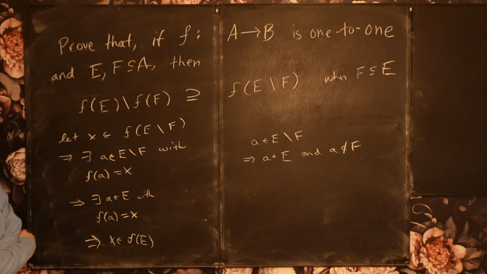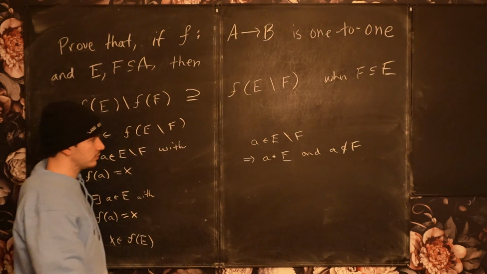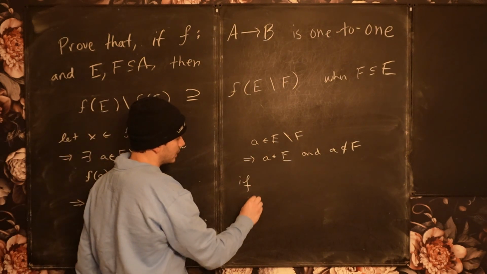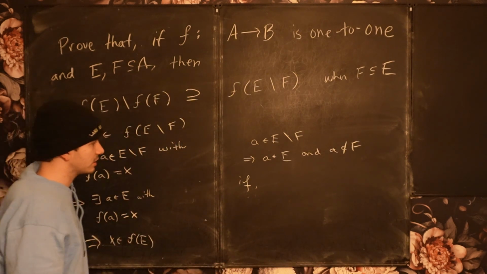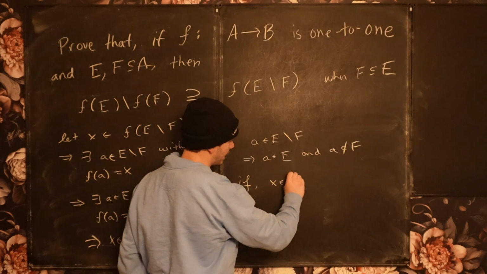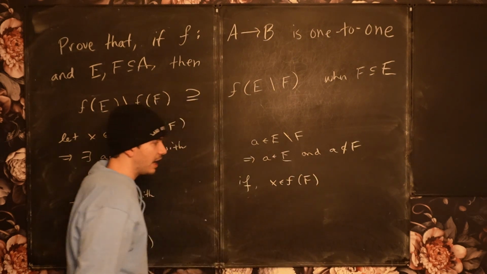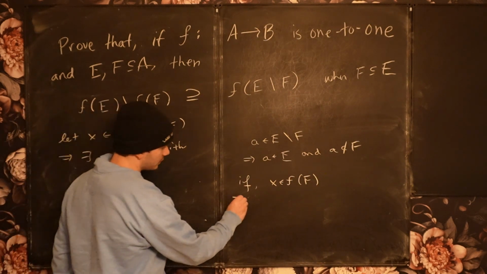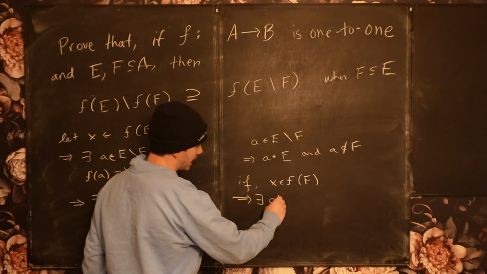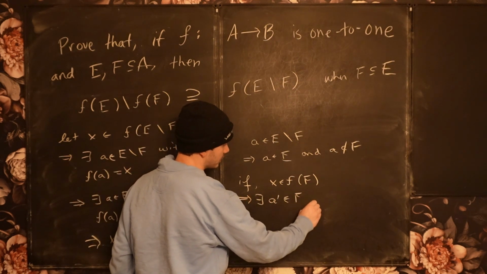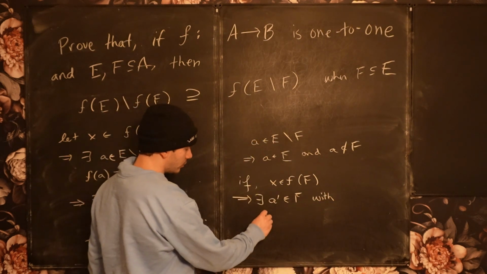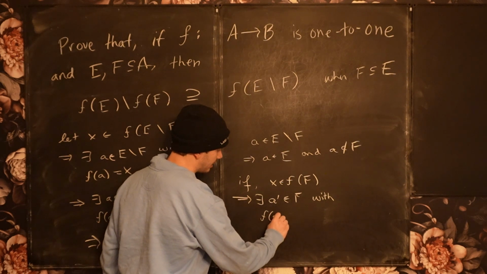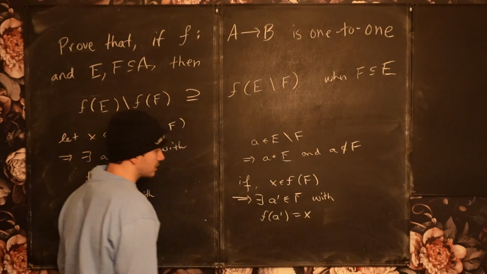Now, the last step is just to show that x does not belong to f of F. Okay, let's look at the case if x belonged to f of F. Then there exists an A prime in F with f of A prime equal to x.